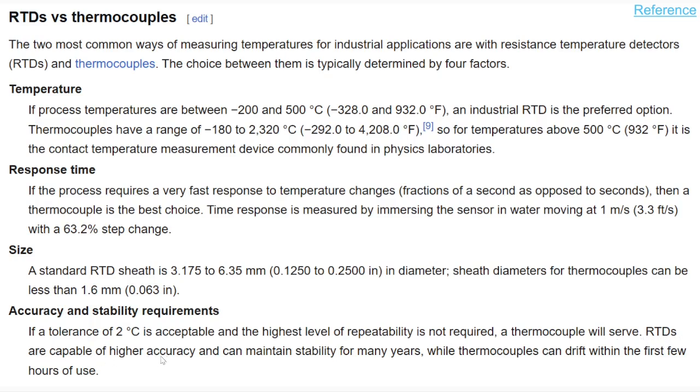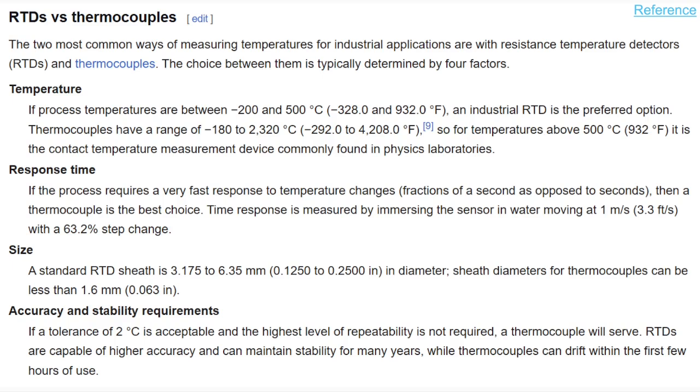RTDs are capable of higher accuracy and can maintain stability for many years, while thermocouples can drift within the first few hours of use, depending on what temperature range you're talking about. That drift means less accuracy compared to RTDs.